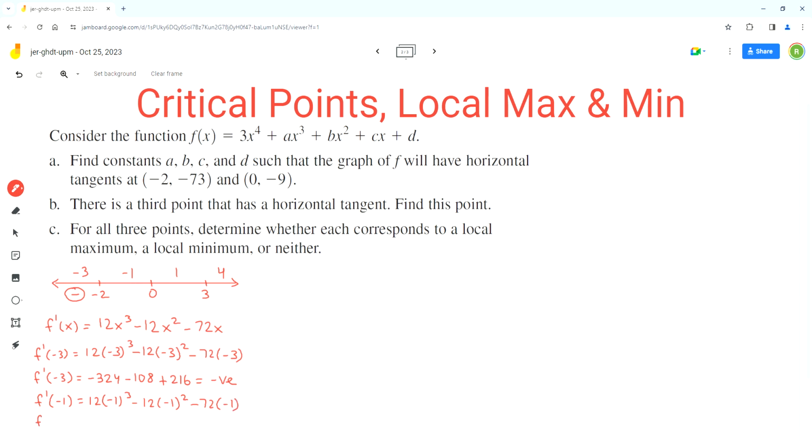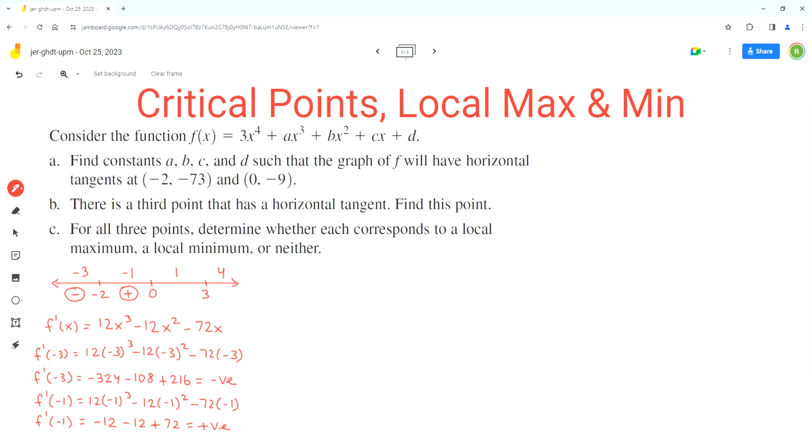So 12 times -1 cubed is -12, and -12 times -1 squared is -12, and 72 times -1 will be positive 72. That means the overall result will be a positive value, so the function is increasing between the critical numbers -2 and 0.